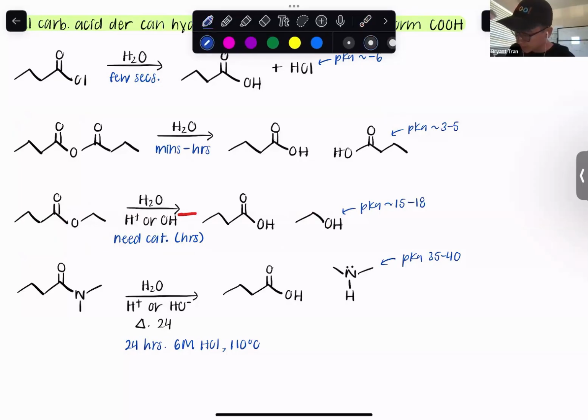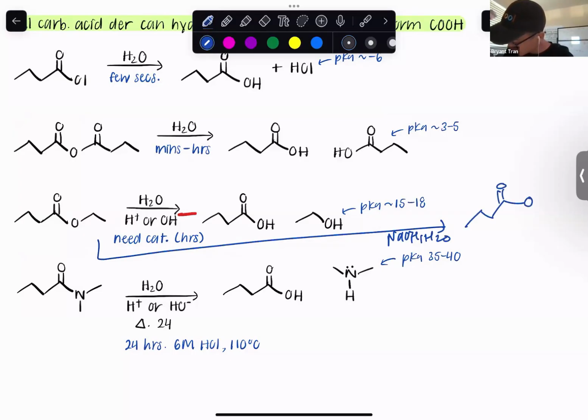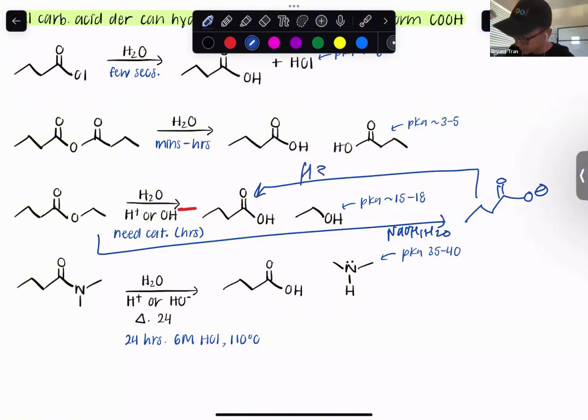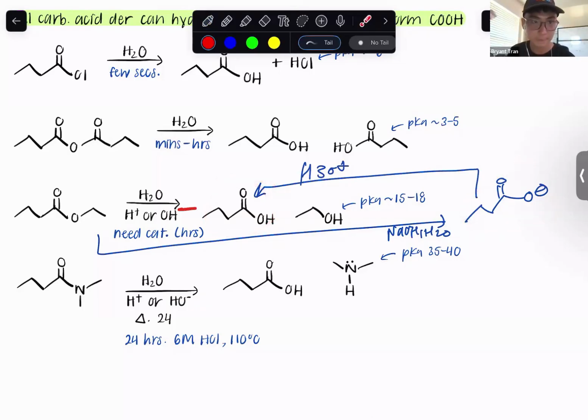But if you use base and just base, no acid workup, like let's say NaOH with water, you're going to get the deprotonated version of the carboxylic acid, the carboxylate right there. But when you have a second step of acid workup, like H3O+, you can protonate the negatively charged carboxylate into this carboxylic acid right there, like that.